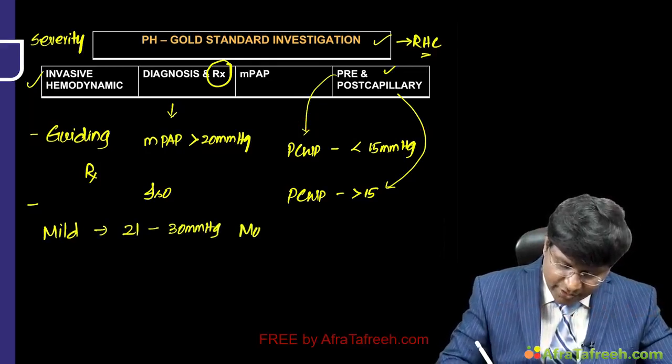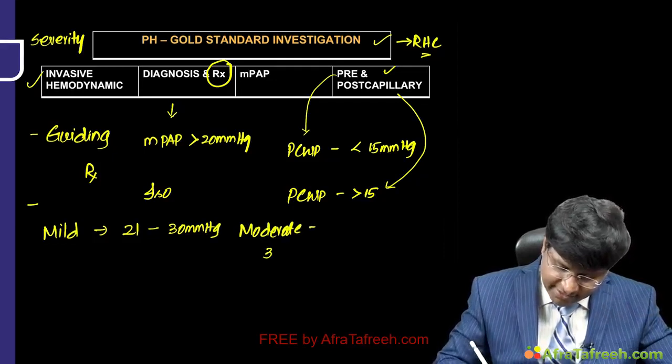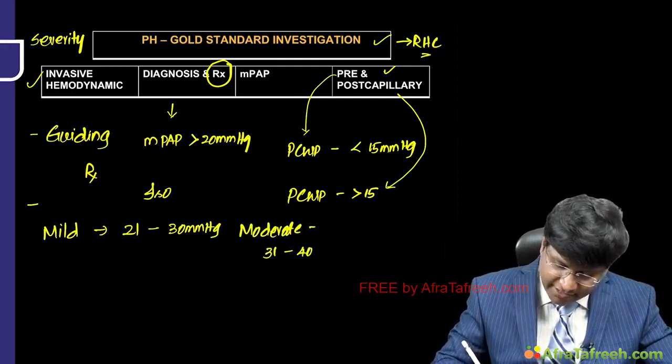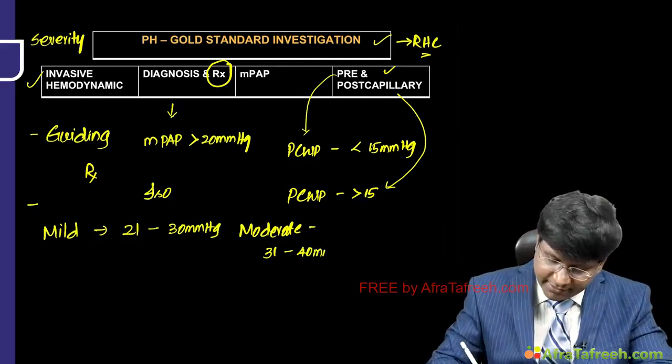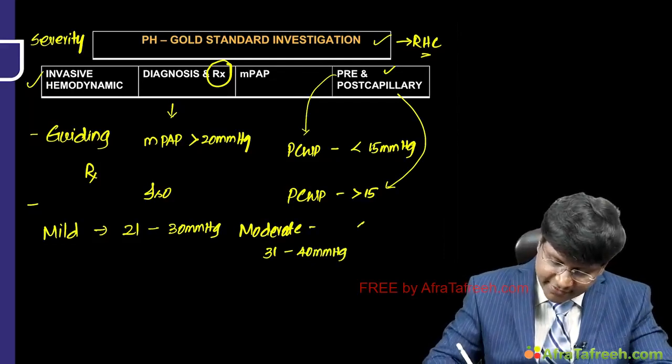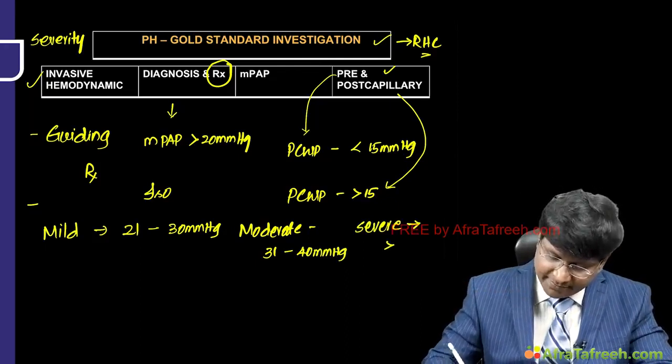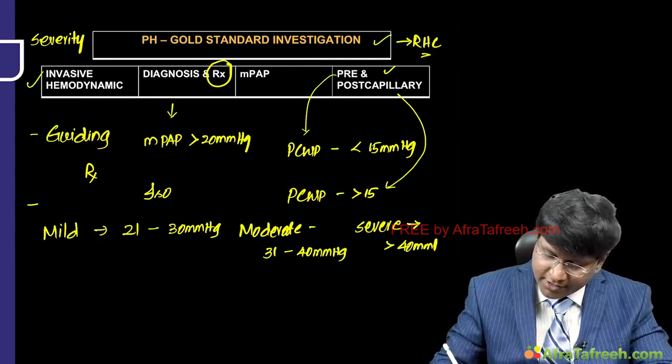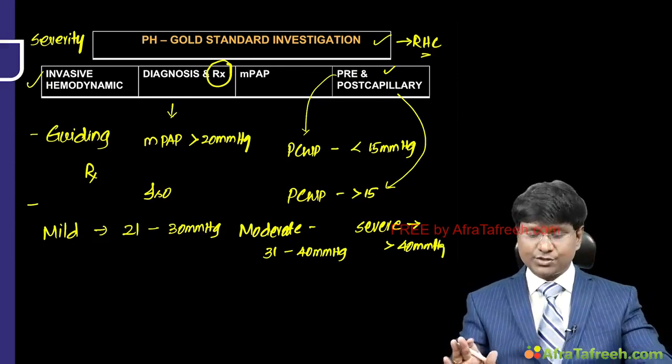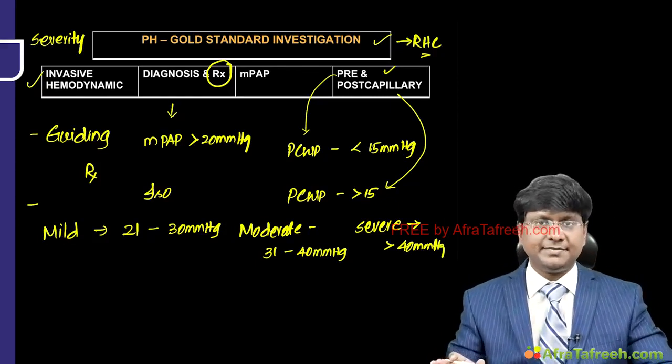And when do you call it moderate? We use the word moderate if the pulmonary arterial pressure is 31 to 40 millimeters of mercury. Then when do you call it severe? Severe pulmonary arterial hypertension is said when the pulmonary artery pressure is more than 40 millimeters of mercury. That is what is called severe pulmonary arterial hypertension.